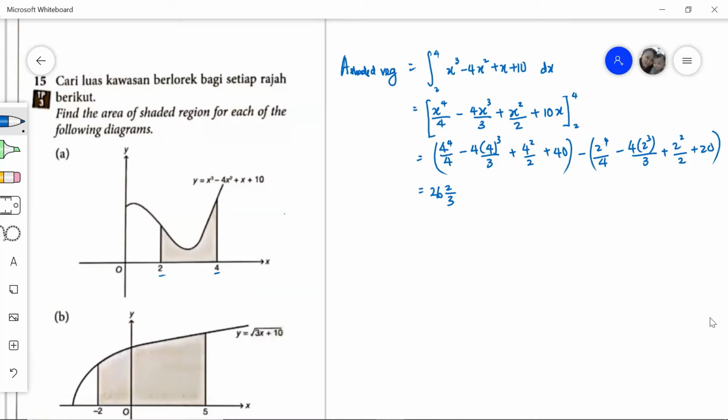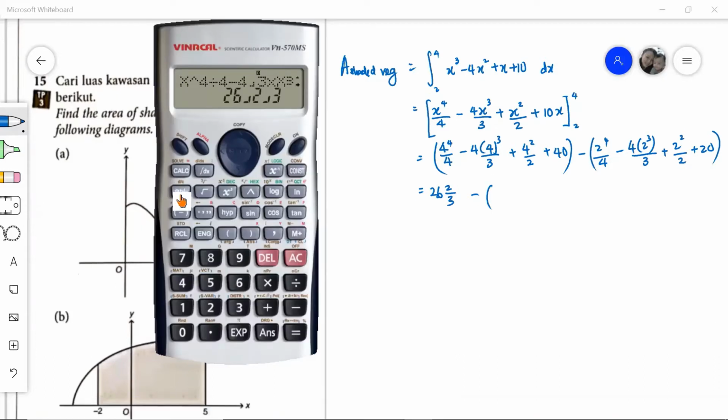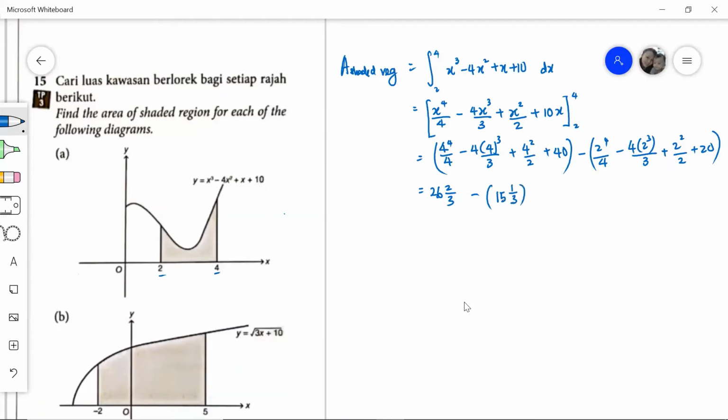We fill in and let the calculator do the calculation. So when x is 2, we have 15 and 1/3.